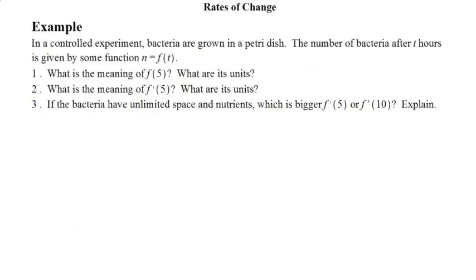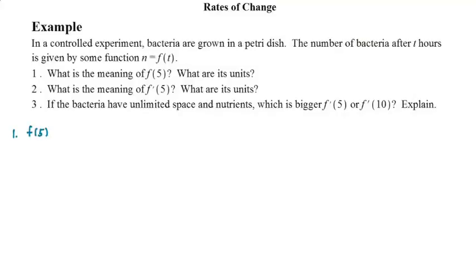In this next example, we want to highlight the difference between a function f and its derivative f prime. So suppose you have a function f of t, which represents the number of bacteria after t hours growing in a laboratory dish. What does f of 5 mean, and what are its units?